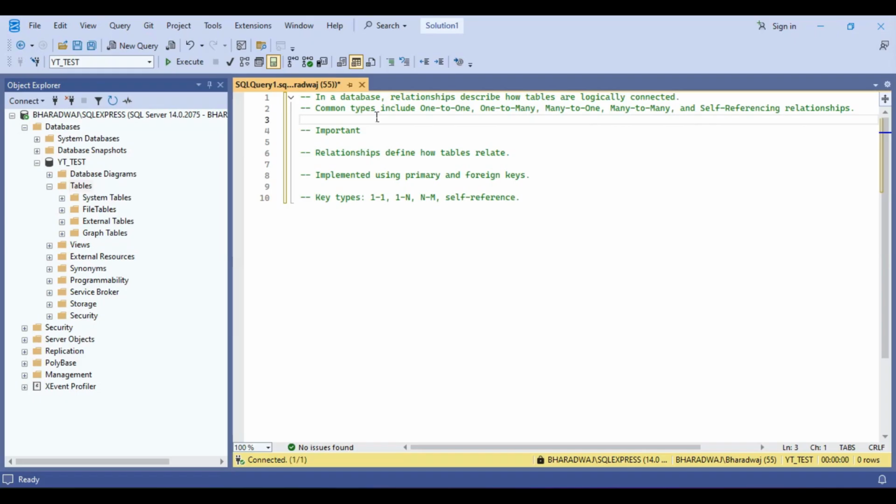This step is very important, just remember this one. And the types are one to one, one to many, many to many, and self-referencing, right?